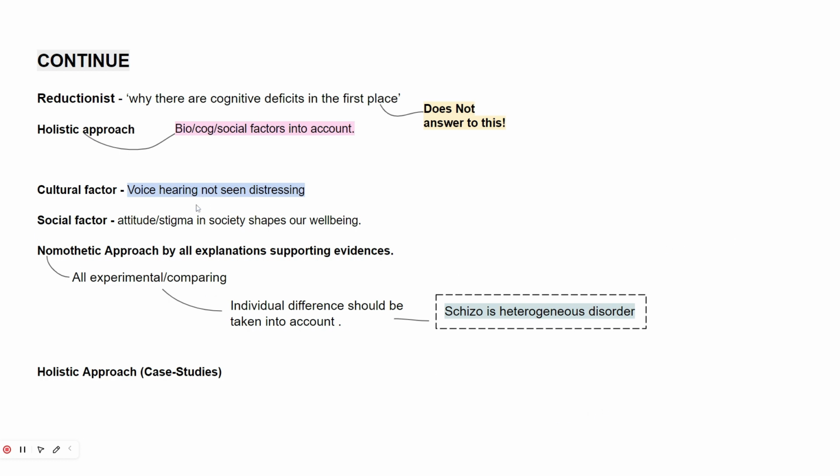So, voice hearing basically was not seen as distressing in some cultures. By distressing, I mean, for example, think in your head that you're sleeping and all of a sudden you hear the voice of your grandmother or grandfather who is not alive, and they're dead, and you're hearing his or her voice. And then you wake up.